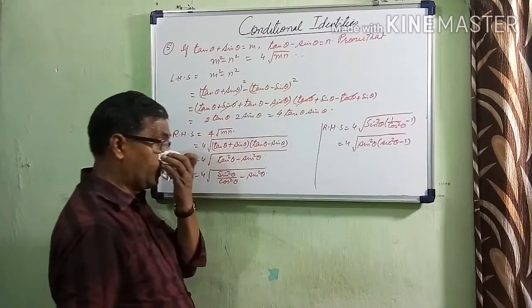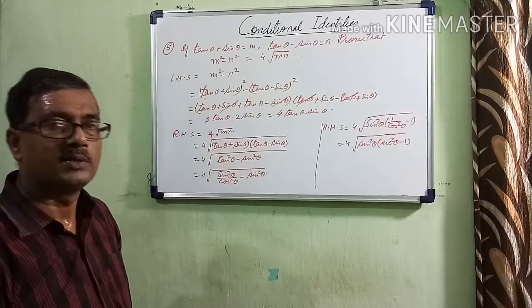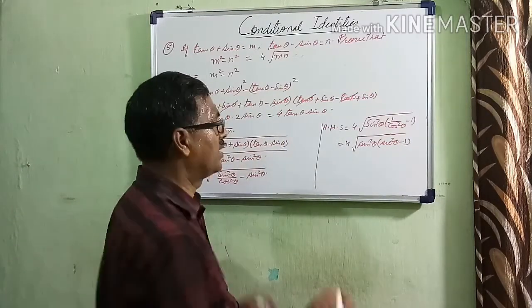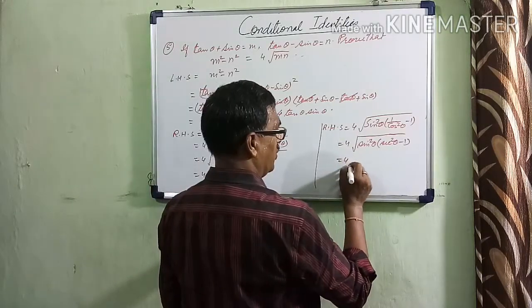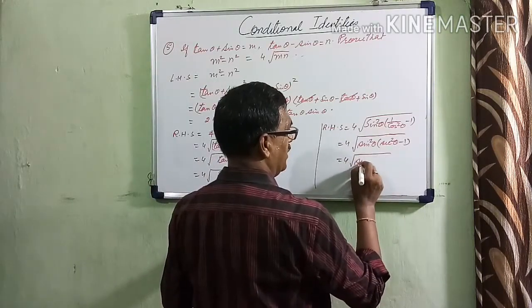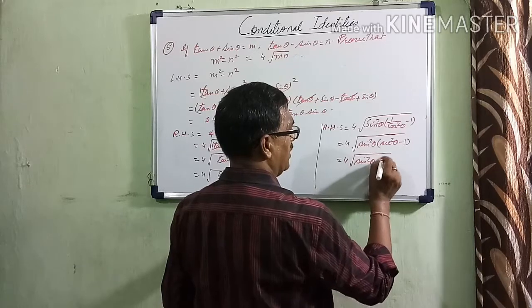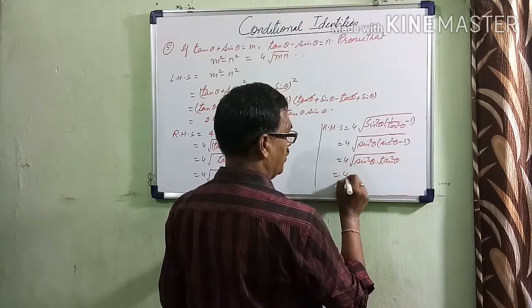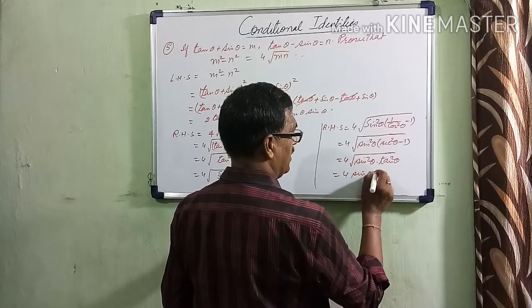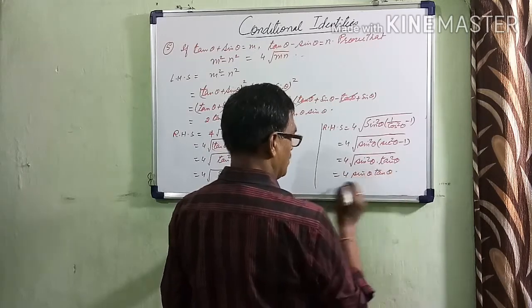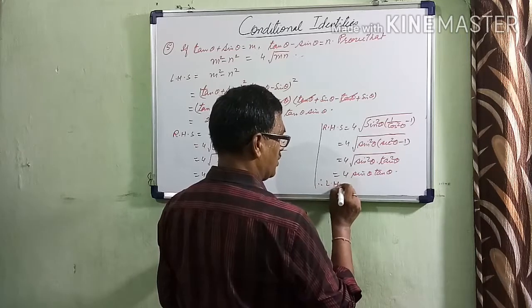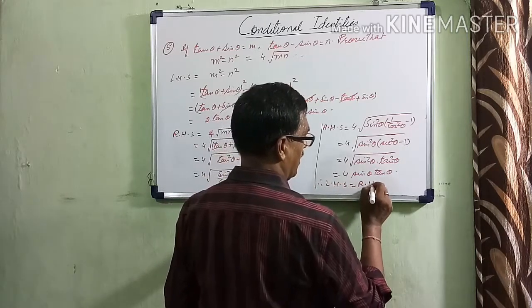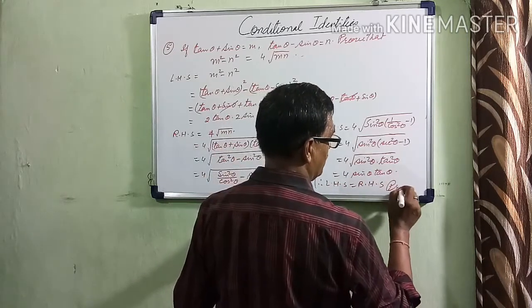And what is the formula for sec square theta minus 1? That is equal to tan square theta. So 4 root over sin square theta into tan square theta, and 4 sin theta into tan theta. So therefore LHS is equal to RHS, and that was to be proved.